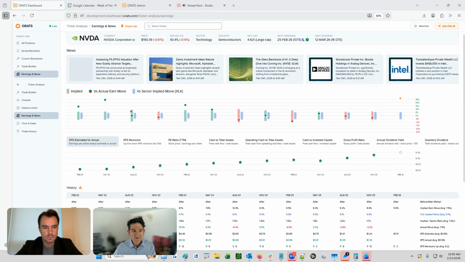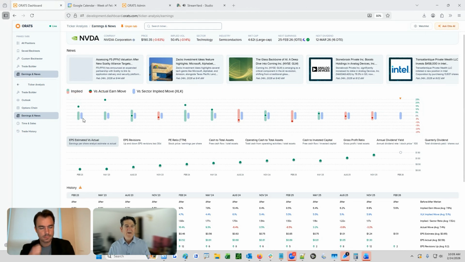So again, the implied move is here. That's this one right here. The actual move, this dot, is here. And then the new thing that we added is the sector implied is there.